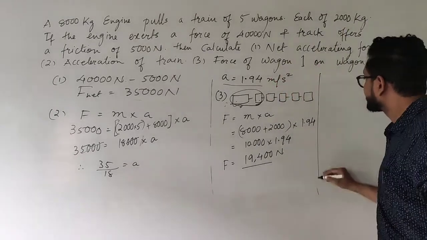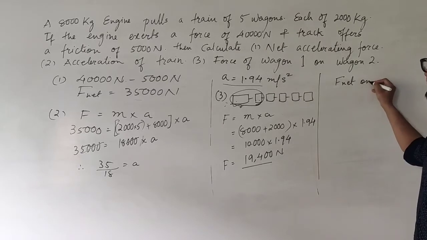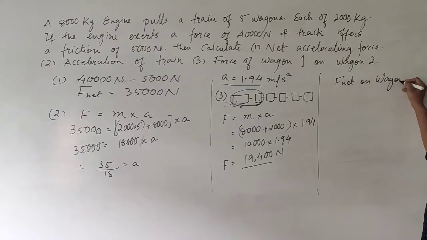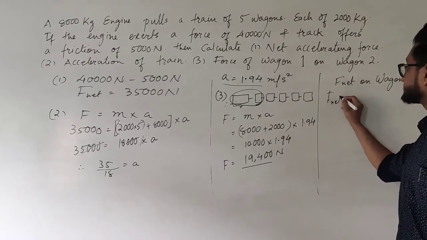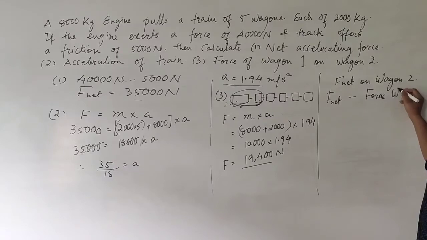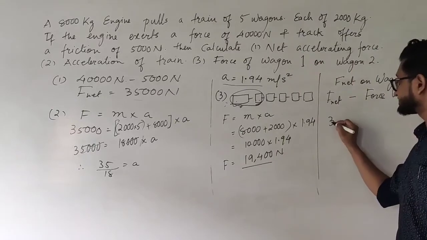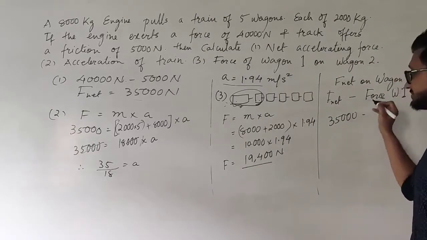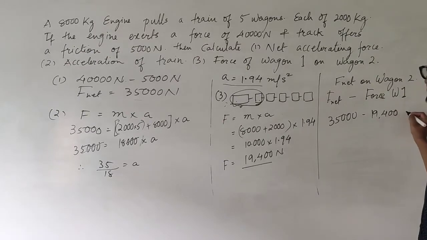Subtracting this, that is the net force on wagon 2. For wagon 2, that is the net force minus the force by wagon 1. So the net force is 35,000 newtons minus 19,400 newtons.